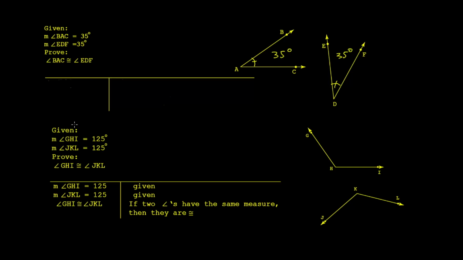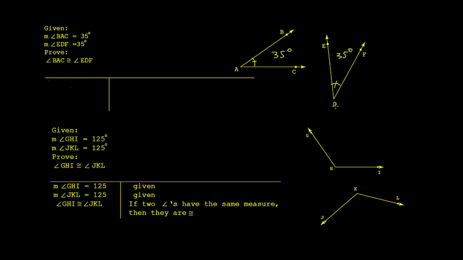Next. Given measure of angle GHI is 125 degrees, measure of angle JKL is 125 degrees, prove angle GHI is congruent to angle JKL. You might be wondering if I'm just repeating this just to repeat it.